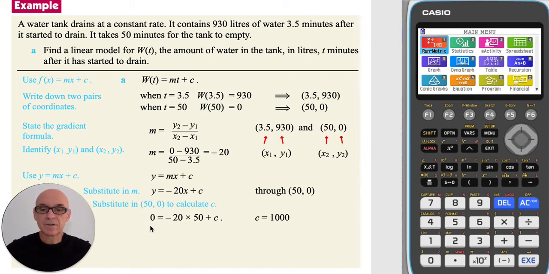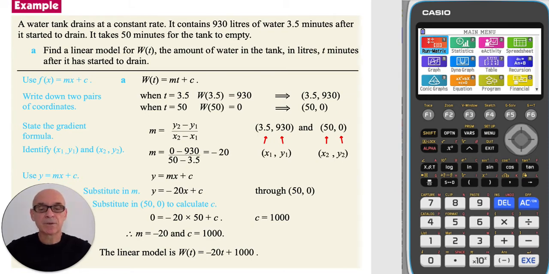So replacing w with 0 and t with 50 gives c equals 1000. So our gradient is -20 and our y-intercept is 1000, and the linear model is w equals -20t plus 1000.